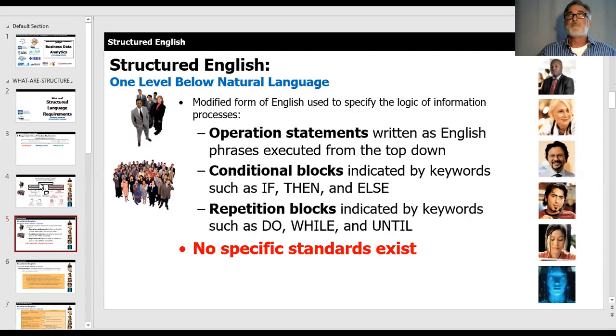So the reason you want to be aware of structured English is, well, first of all, I want you to think of structured English as simply one level below natural language. So natural language is the way we talk to each other, and it's very nuanced and ambiguous. I'll give you an example.